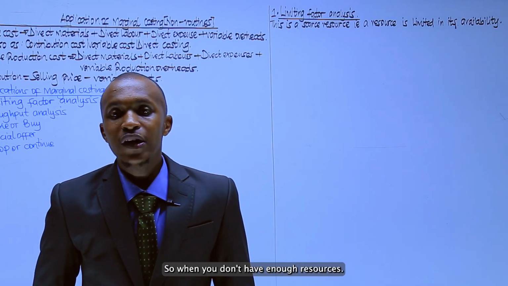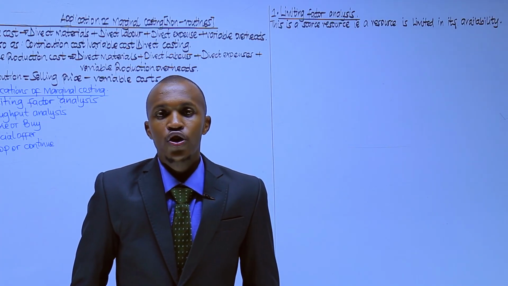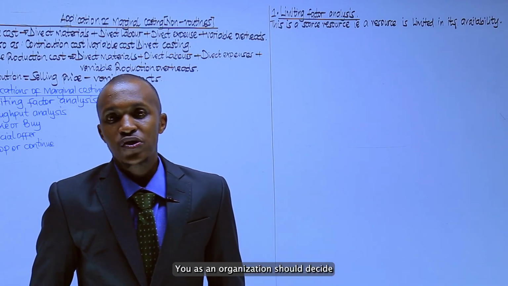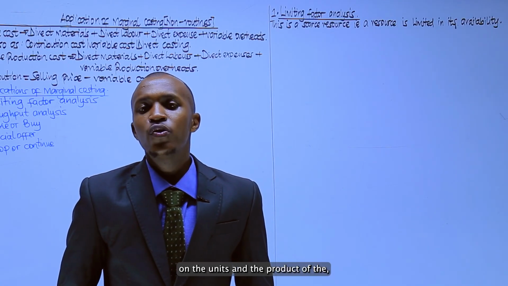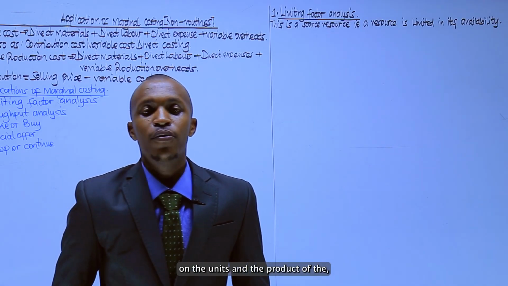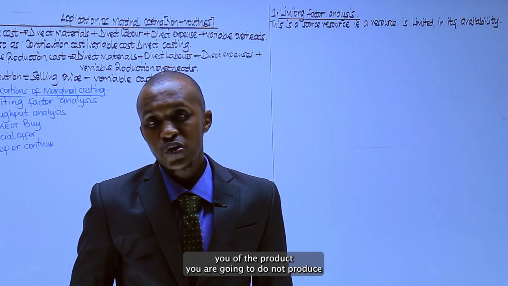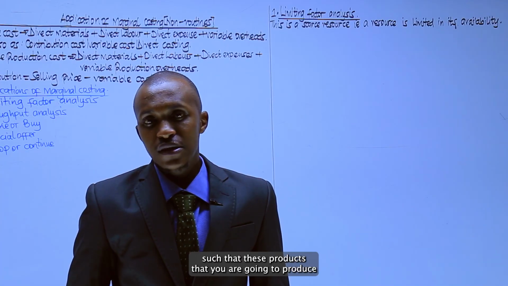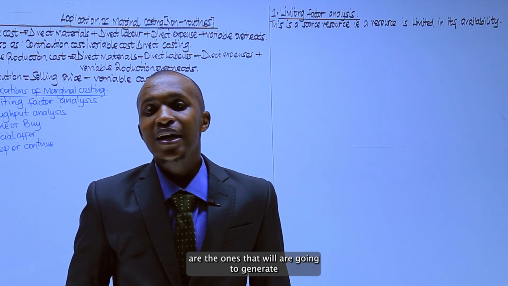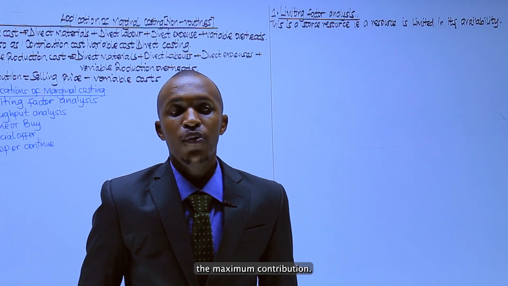So when you don't have enough resources, you should decide on the units and the product you're going to produce.